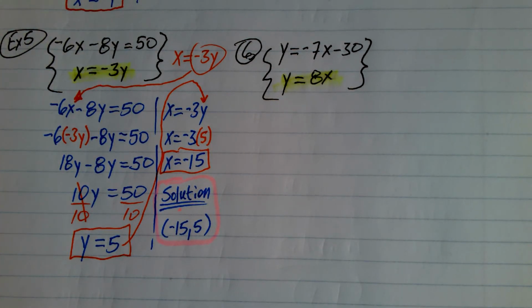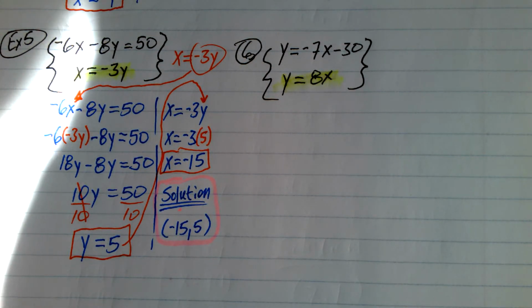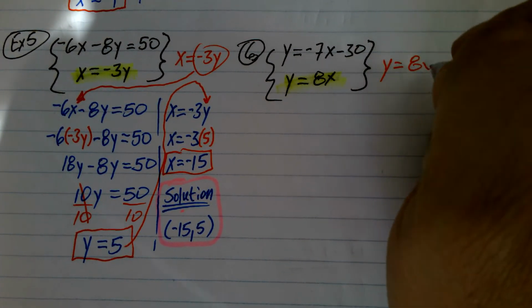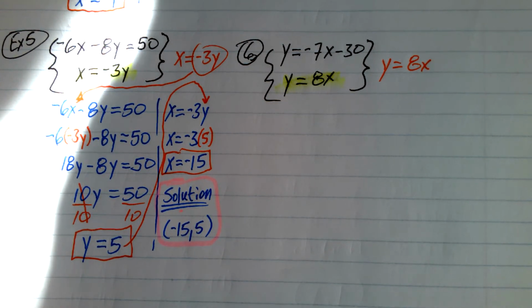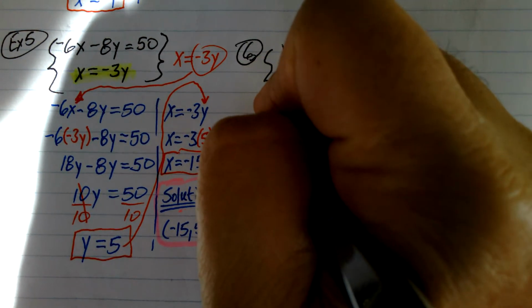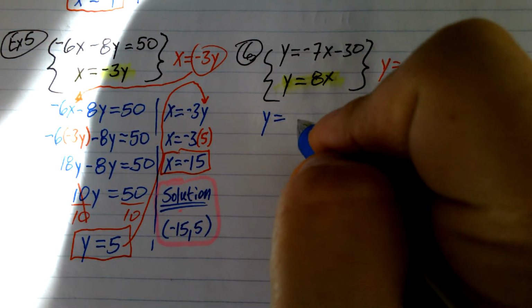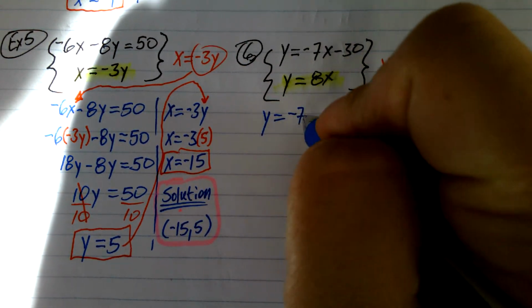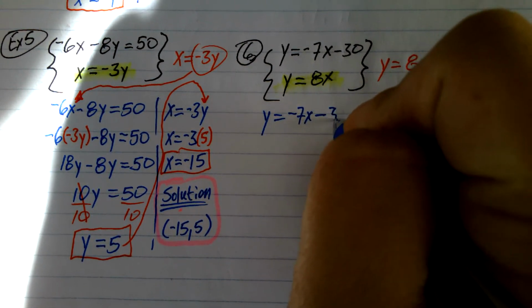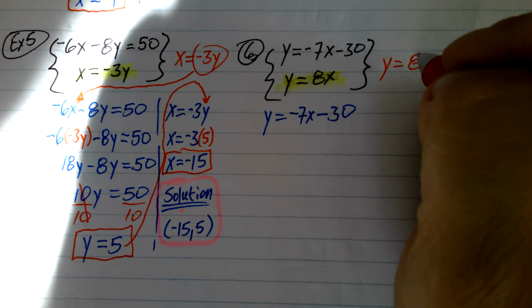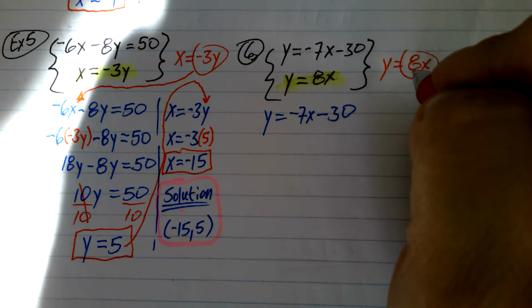And we do have both variables by themselves, y here and y there. But y equals 8x is a little easier to work with. So I'm going to pick that one. Okay. And then I'm going to write down y equals 8x. I'll write down the other equation I haven't worked with, y equals negative 7x minus 30.